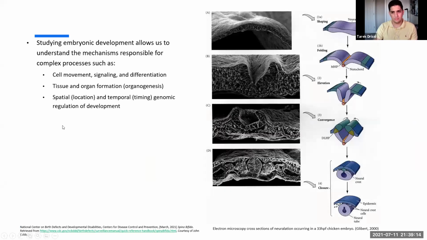This is a very interesting developmental process that I decided to include in here. So this is electron microscopy cross sections of a chicken embryo undergoing something called neurulation. And neurulation is the formation of a structure that is along sort of the back where the spine would be, called the neural tube. So the neural tube, you can see it here.